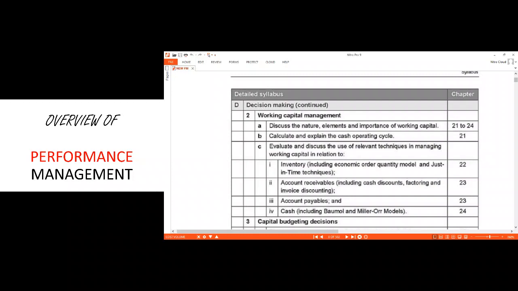We are going to evaluate and discuss the use of relevant techniques in managing working capital, and this is key for the survival of any organization. The inventory, accounts receivable, accounts payable, and cash management will be looked at.